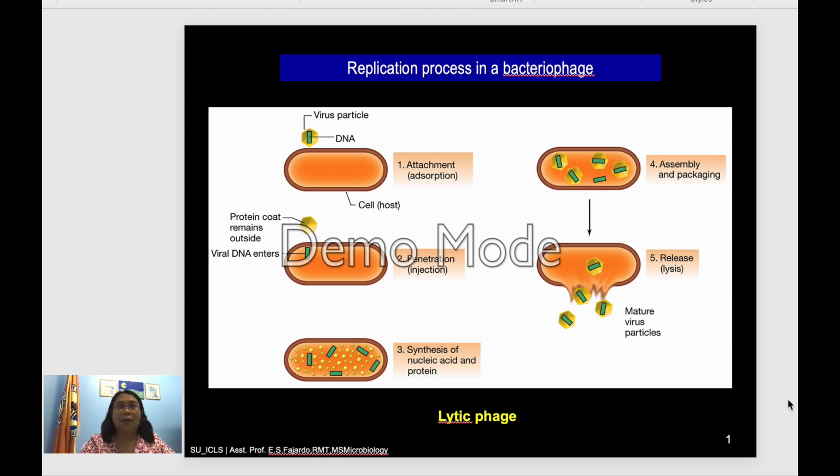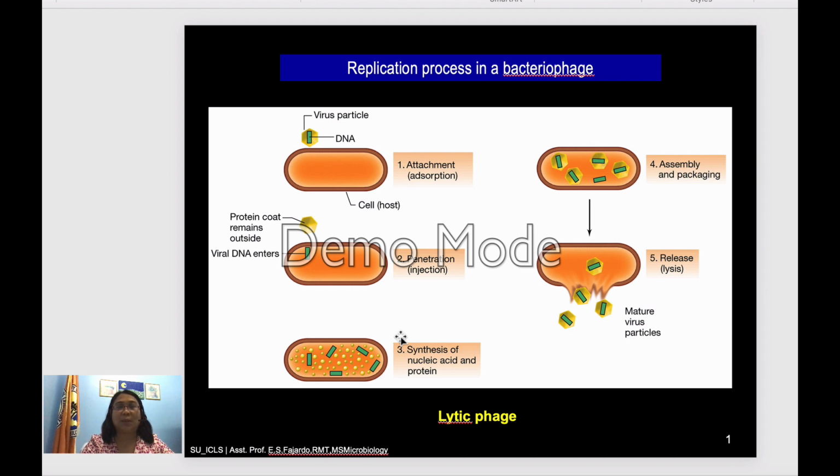So, what happens in the lytic cycle of a lytic phage? The same process occurs just like in humans: it attaches or adsorbs to the host, and then it penetrates. The genetic material is injected, and there will be the reproduction of their nucleic acid as well as the synthesis of proteins that are used as building blocks for making their enzymes as well as their structure.